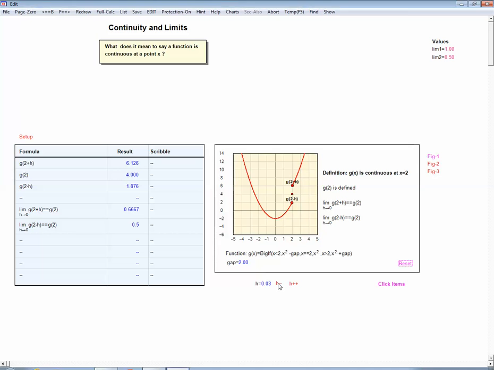They're both converging to something. But it's not g of 2. g of 2 is the point in the middle here. g of 2 is this point right here. So the upper and lower limits are converging, but they're not converging to g of 2. So for that reason, we say that this function is not continuous at the point x equals 2.